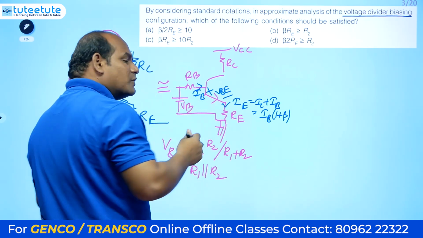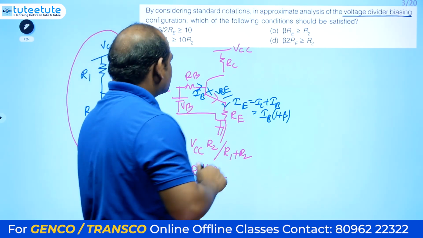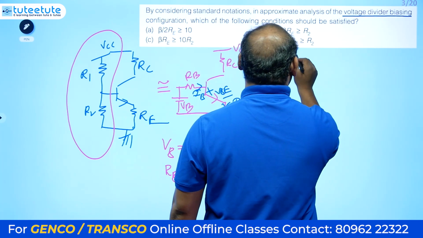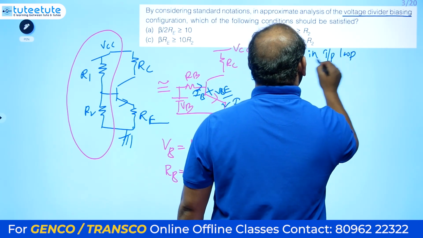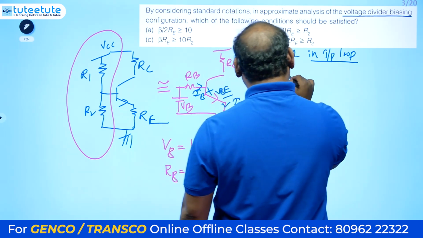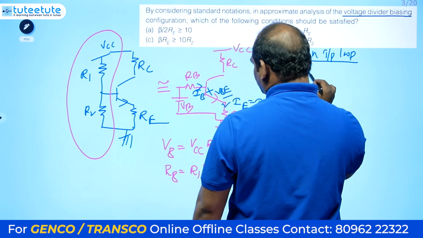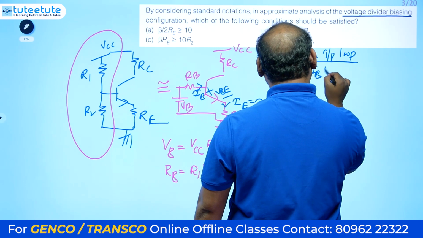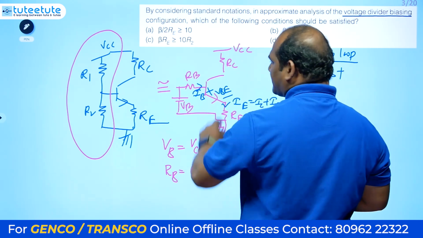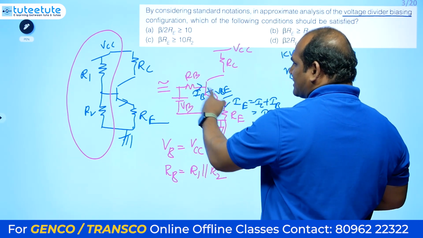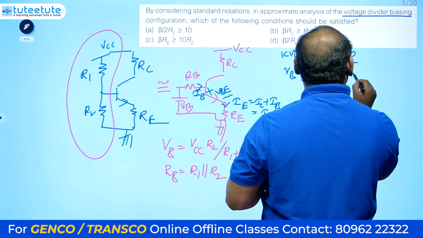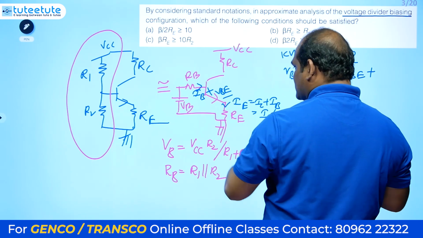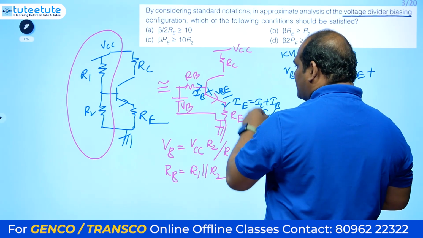So in the input loop we can now write KVL. If you write KVL in the input loop, what will you get? The supply voltage VB is equal to IB RB, that is the voltage drop across RB, plus across this particular base emitter junction we have voltage VBE, and the voltage across RE is RE multiplied with IE.